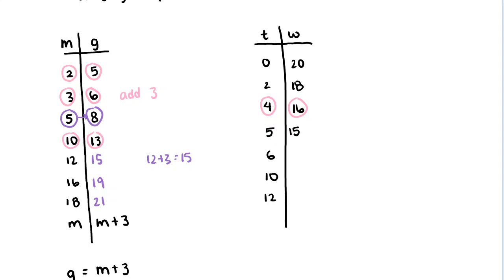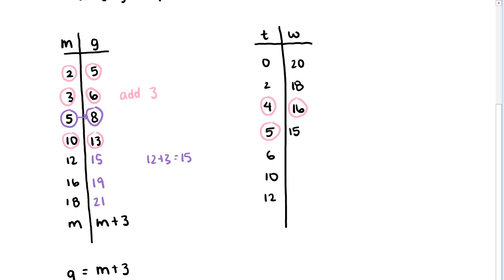Well, maybe we can try subtraction now. What could I subtract 4 from to get 16? Well, I can subtract 4 from 20 and get 16. Maybe we can apply that same idea to the other parts of our table. What if I take 5 and subtract it away from 20?